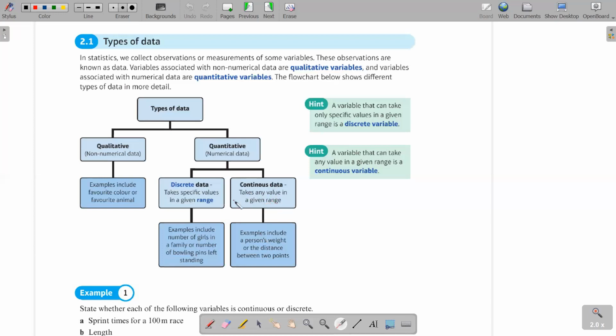Let's say we know that this person weighs somewhere between 50 and 60. Does it have to be specifically 51 or 52 or 53? No, it can be any decimal value within that given range. So that is the difference between the data types, discrete and continuous. That's the first thing that you need to know here.